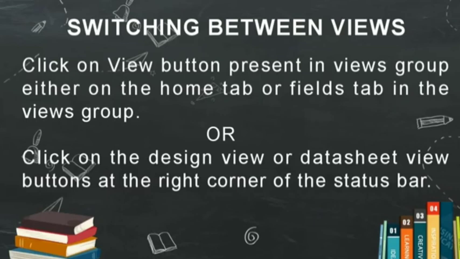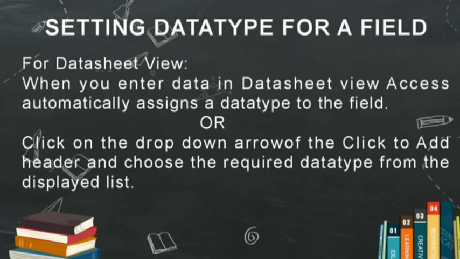Now we will learn how to set data type for a field. We can set data type for the table field either in datasheet view or in design view. First we will see how to set data type in datasheet view. Students, when you create a field by entering data in datasheet view, MS Access automatically assigns data type to a field based on the data you have entered in the table.